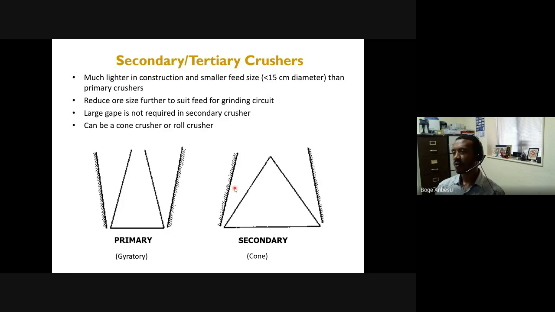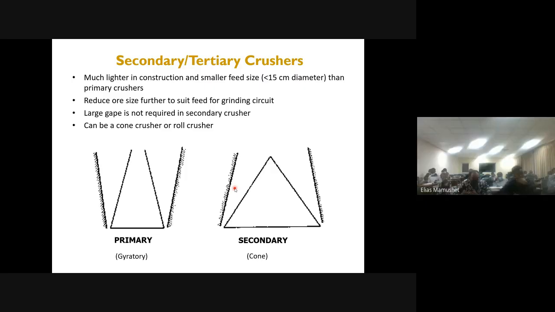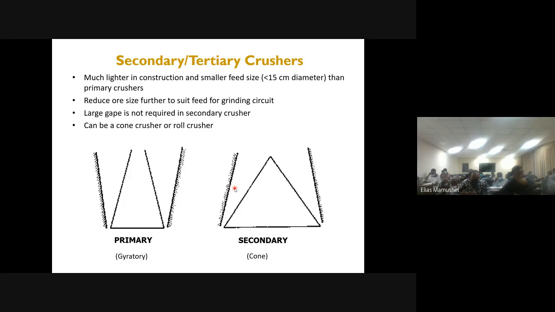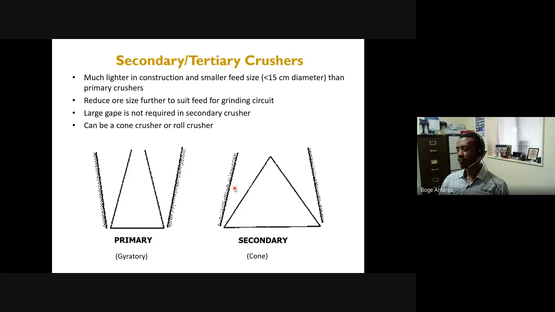So in this case, the feed material obviously is smaller in particle size. We're not going to feed 1 meter rock into a secondary crusher. Maybe what you're feeding could be about 15 centimeters or 10 centimeters, somewhere around there. And then you can produce smaller particles of about 20 millimeters and so on by using a modified crusher, which can be used as a secondary crusher.